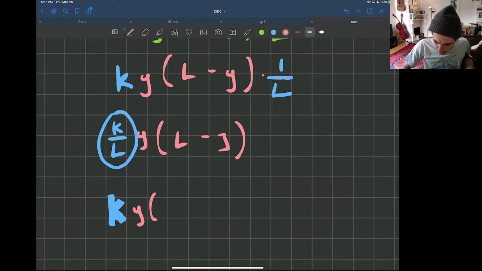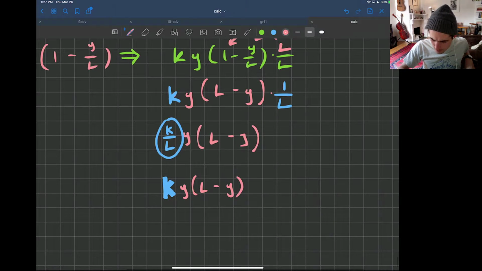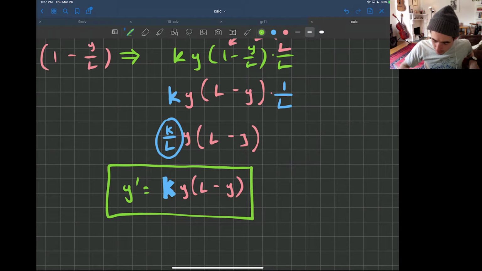So we could have this formula, and now this big K has this L in it. So we might see some logistic differential equations that have this form, where we have some constant times y times L minus y, and that's a little bit easier to handle.